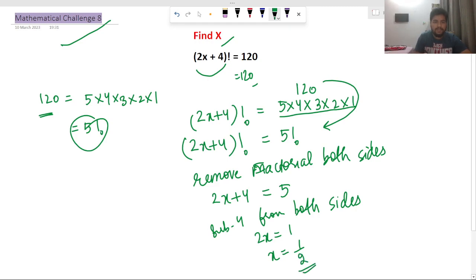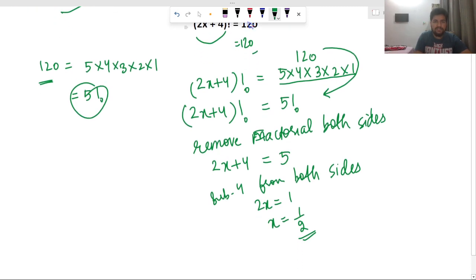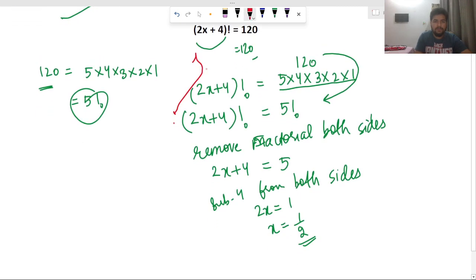Now let's check if this value is correct or not. First we will put our value in this expression. If we get the value 120, that means we have done it right. So let's put x equal to 1/2 in the question, (2x + 4)!.